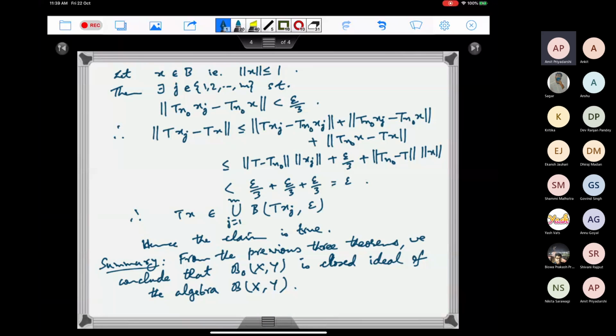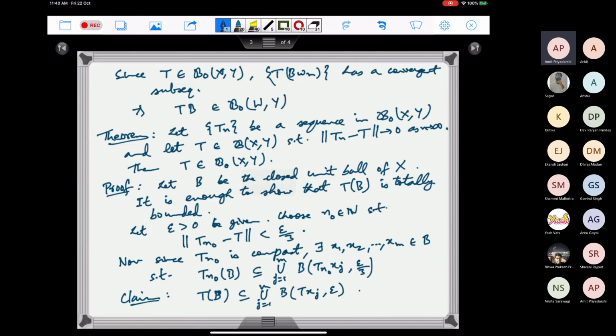Okay, so next thing is, by this theorem 3 that we have done, we see that the limit of a sequence of compact operators is compact, right?